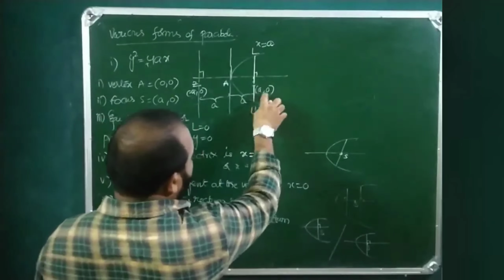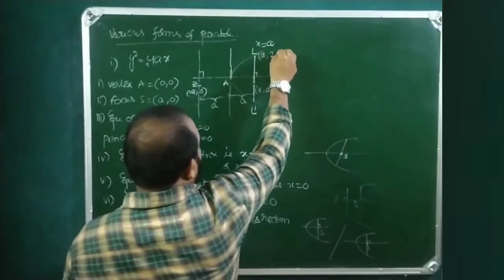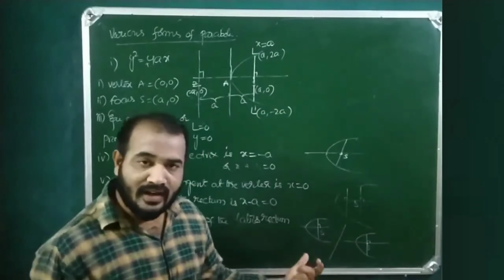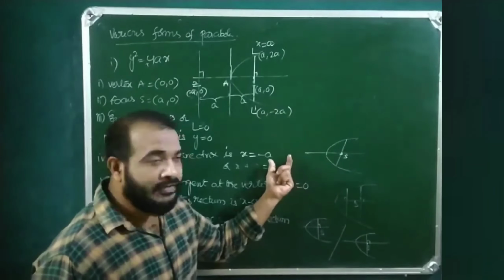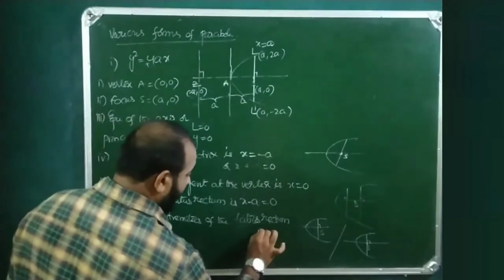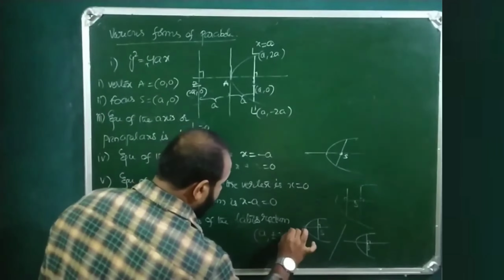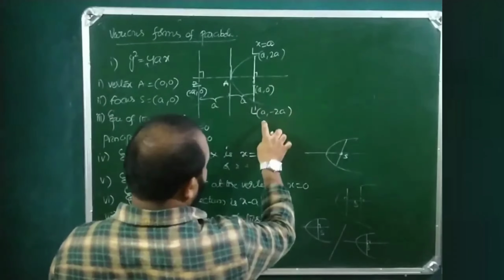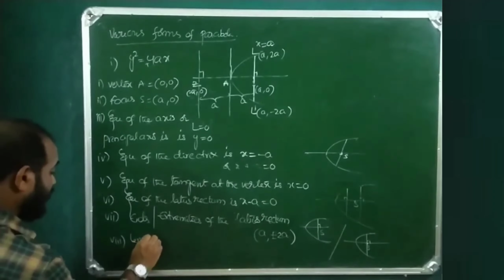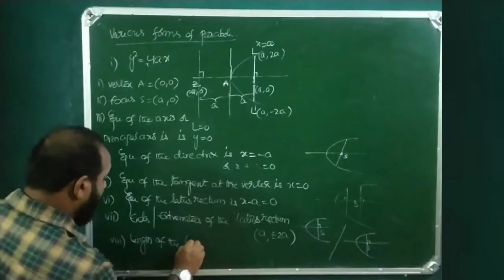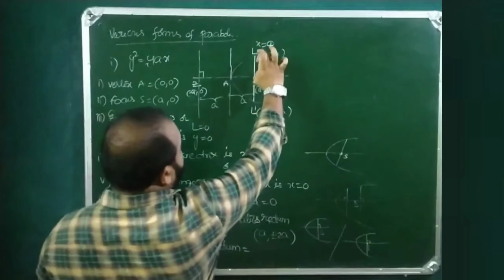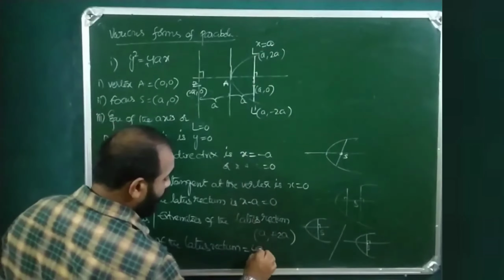Therefore, this line now is this line. See this. So if it is a comma 0, this is a comma 2a and a comma minus 2a, which we have discussed clearly in the previous video of the parabola. So the ends or extremities of the latus rectum are a comma plus or minus 2a. That is, this is a comma 2a, a comma minus 2a. Therefore, what is the length of the latus rectum? Length of the latus rectum is equal to 2a plus 2a, total is equal to 4a.